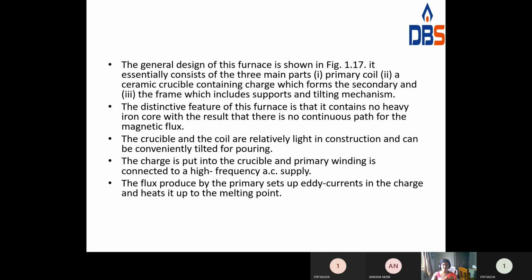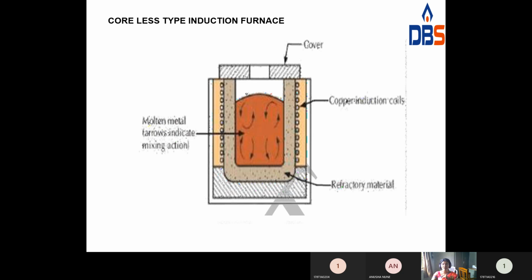The charge is put into the crucible and the primary winding is connected to a high frequency AC supply. Whenever you give the high frequency AC supply to the primary, current flux is produced according to mutual induction. In the secondary also the flux is produced.